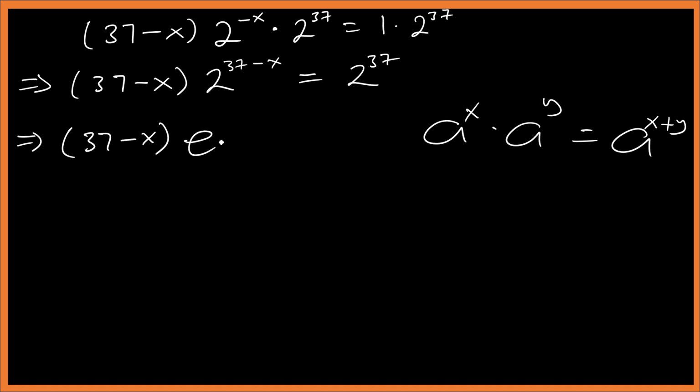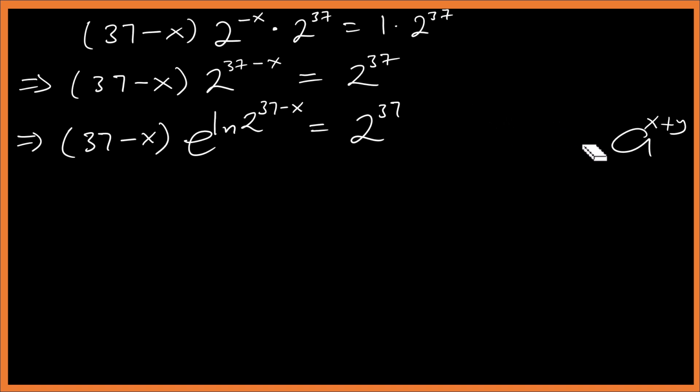So this side will be e raised to ln of 2 exponent 37 minus x equals 2 to the power 37. Okay, so we have a power rule here.